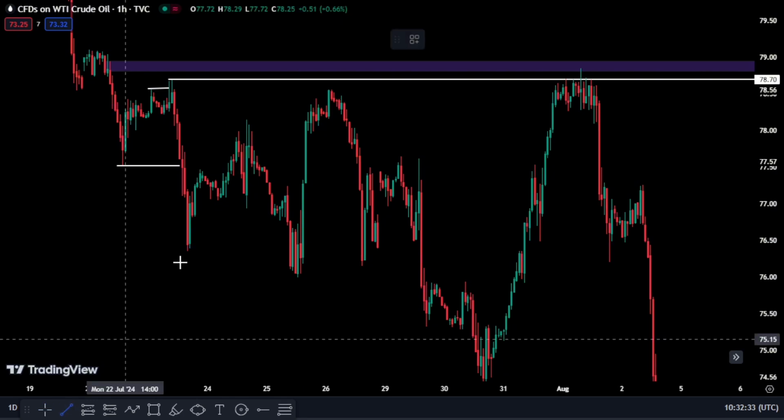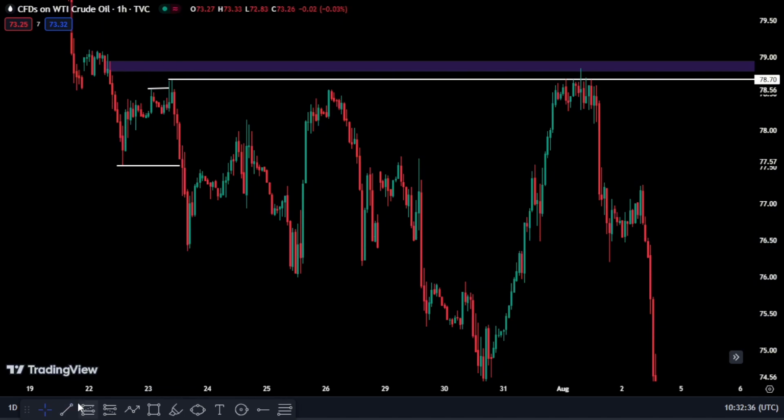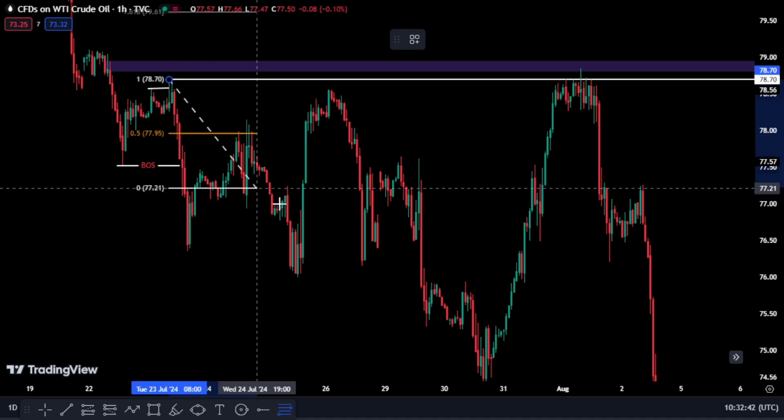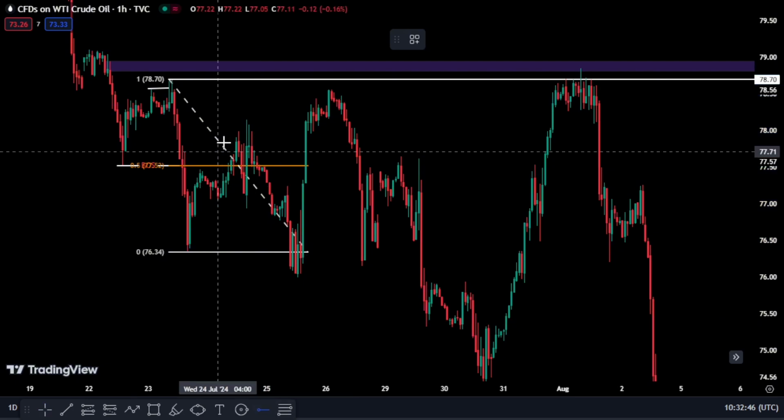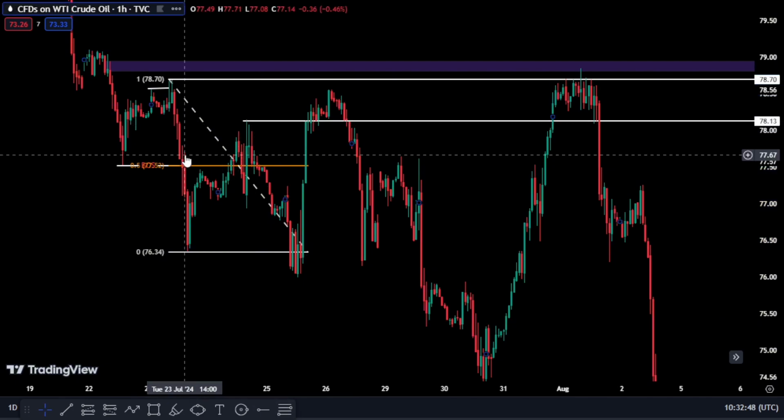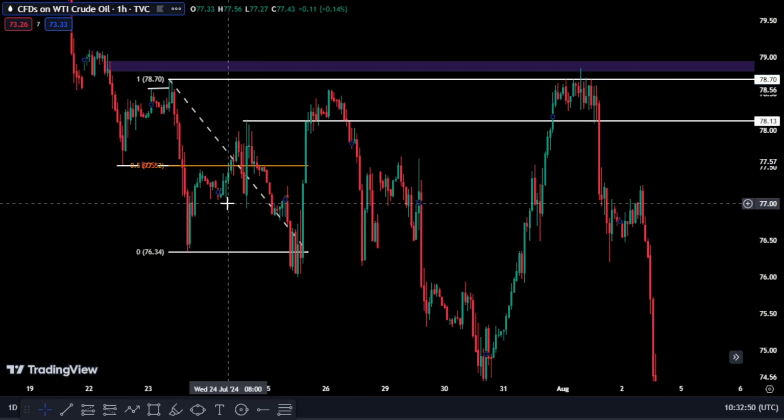And then we have the pullback. This pullback must be up to 50%, from there to here. So it's more than 50%. That gives us structural liquidity that will be swept later.